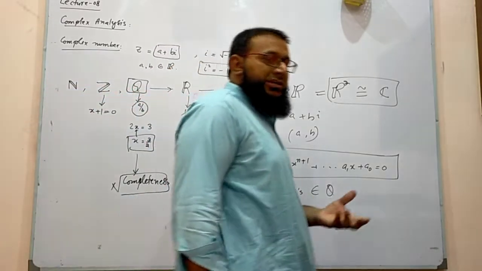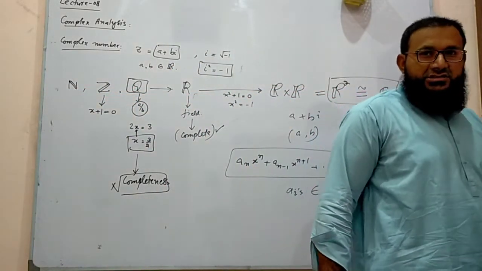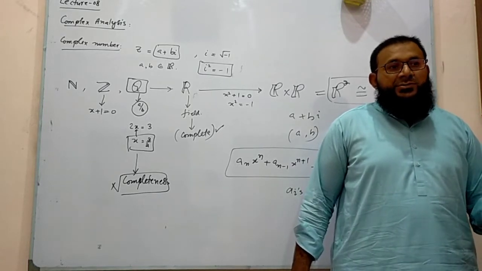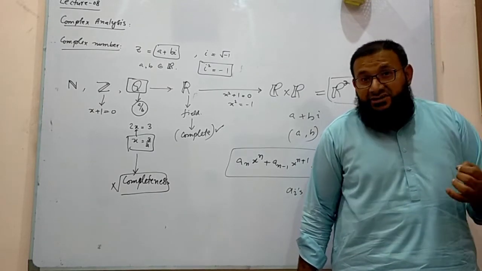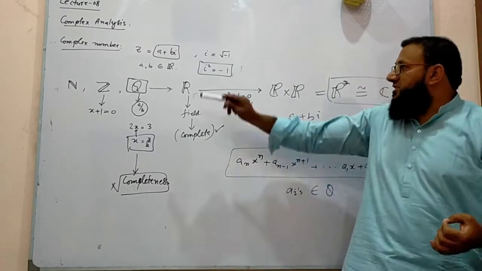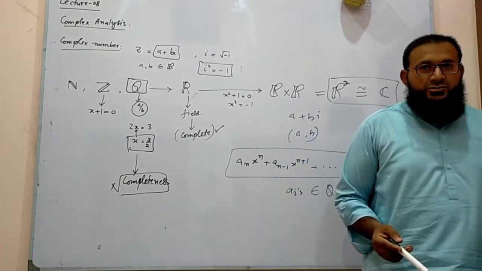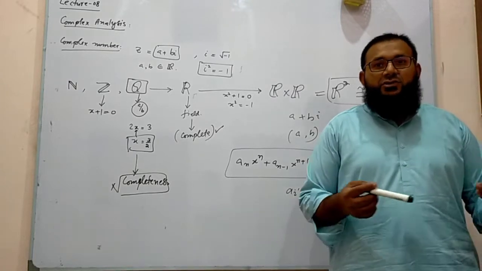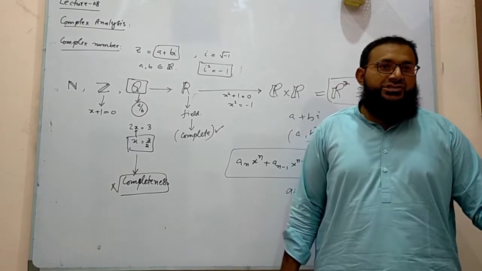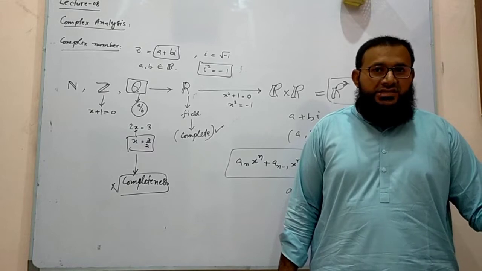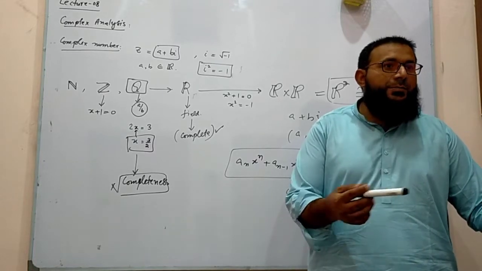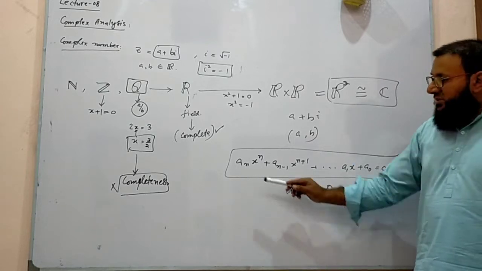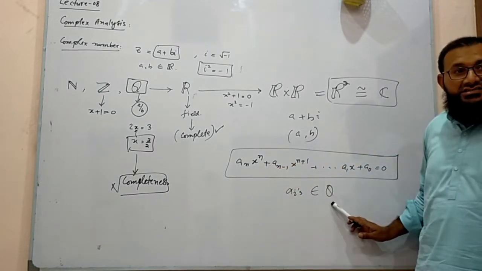It means I give you any equation, a quadratic equation, a cubic equation, and so on. It is not possible that you can solve each and every quadratic and cubic equation in R. You have seen so many times in first year mathematics that a quadratic equation's roots can be imaginary; we call them complex conjugate roots. But take any equation with rational coefficients.